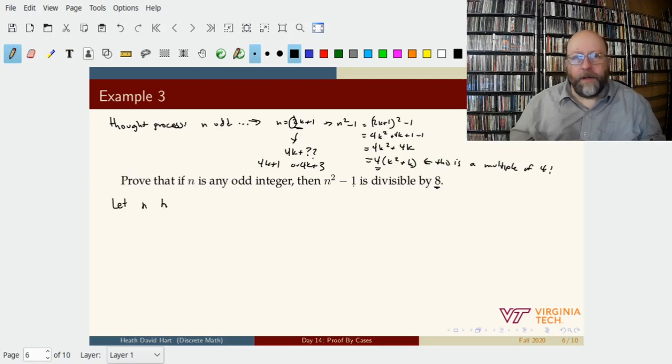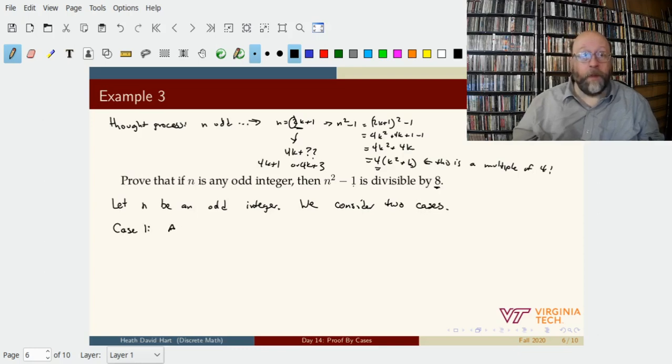Let n be an odd integer. We consider two cases. Case 1, we're going to assume there's an integer k such that n equals 4k plus 1.